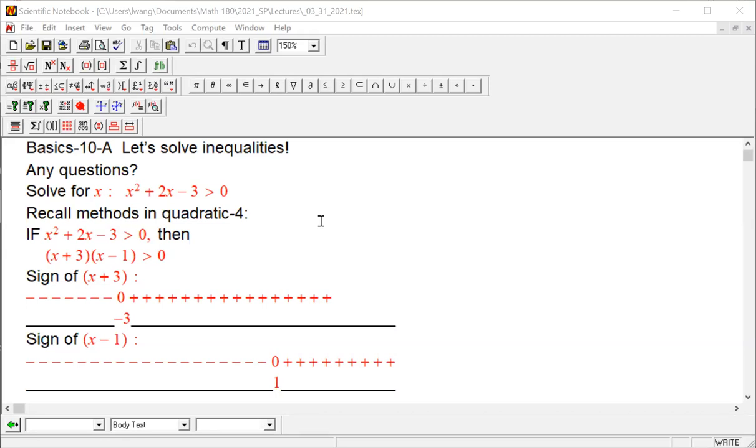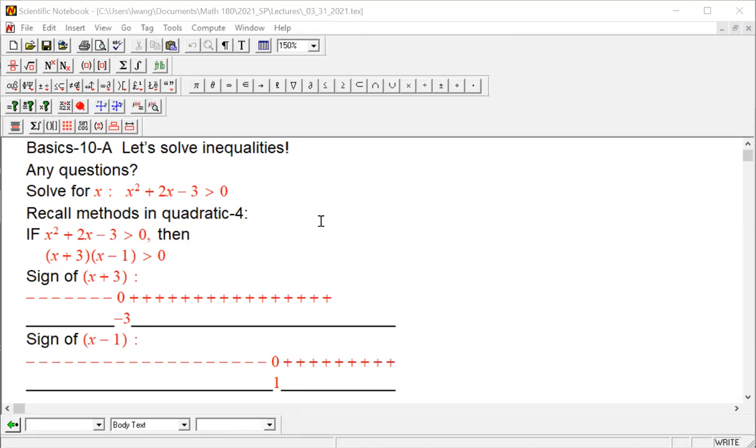The ideas that we have learned in quadratic 4 include how to find Y-intercept, how to find X-intercept, what the input means, vertical cut, and what the output given means, horizontal cut.